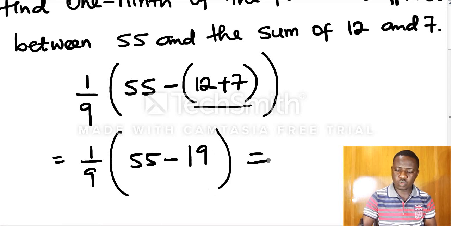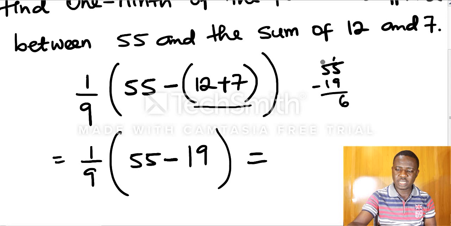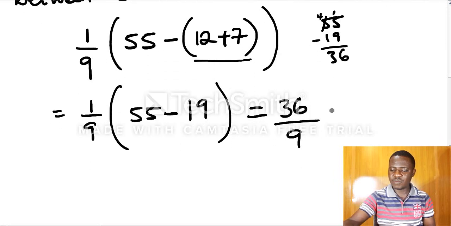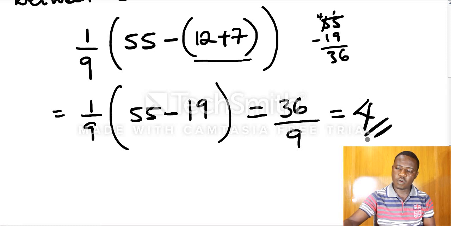So this is equal to 55 minus 19. 15 minus 9 is 6, and 4 minus 1 is 3, so this is going to be 36 divided by 9. And 36 divided by 9 is 4.